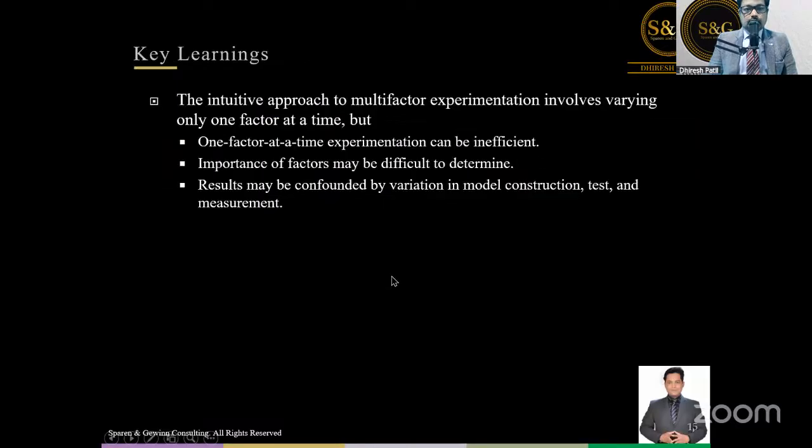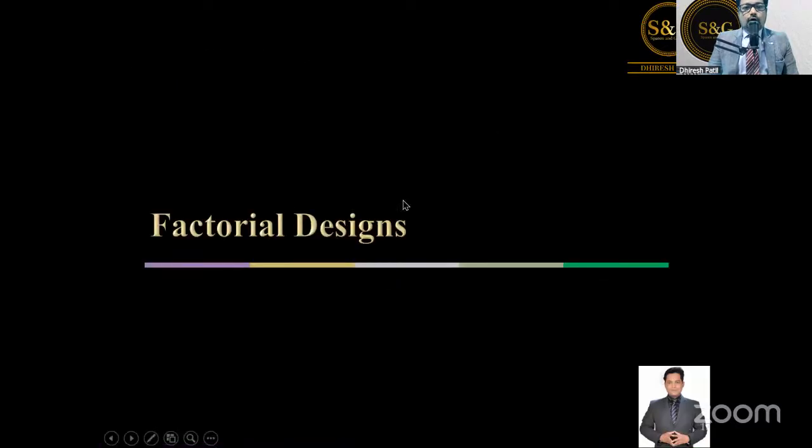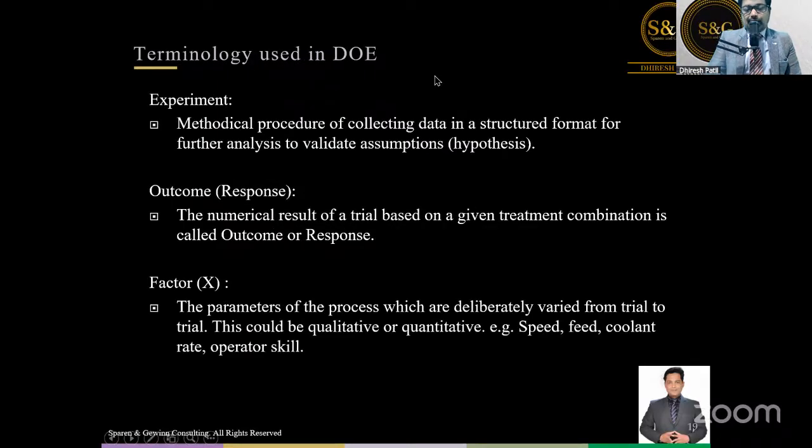Okay, now let's understand some of the terminology quickly. First is experiment. Whatever we have seen, those 8 runs, this entire 8 runs is called an experiment. It is a methodical procedure of collecting data in a structured format for further analysis, to validate an assumption.